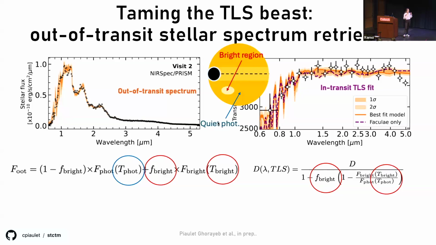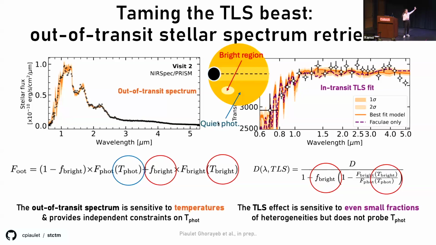But the way in which they probe them is different, which means that, in general, your out-of-transit stellar spectrum is pretty good at giving you constraints on the temperatures of your different components, for instance, how much hotter the brighter component can be. It also gives you an independent constraint on the photospheric temperature of the star that you have to assume when you do these transit light source calculations.